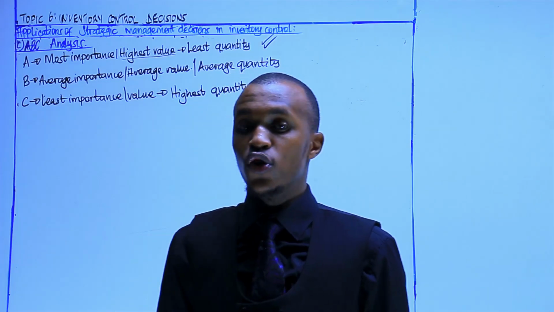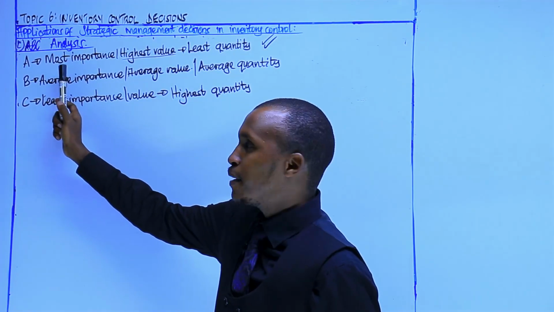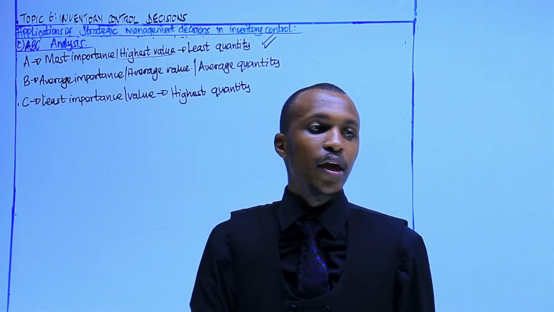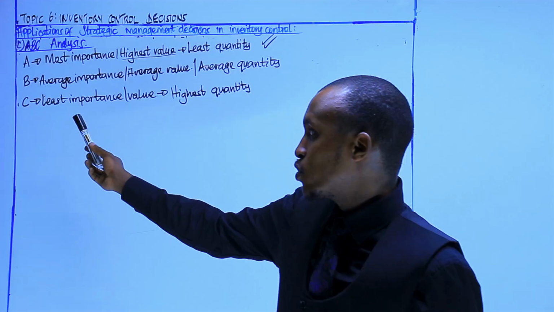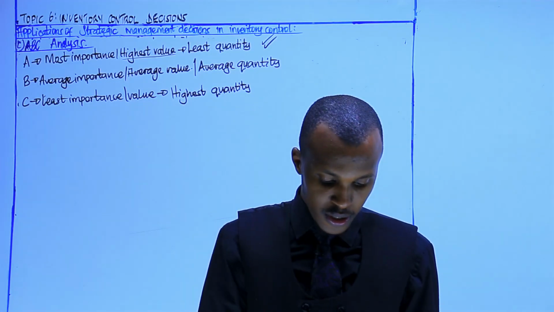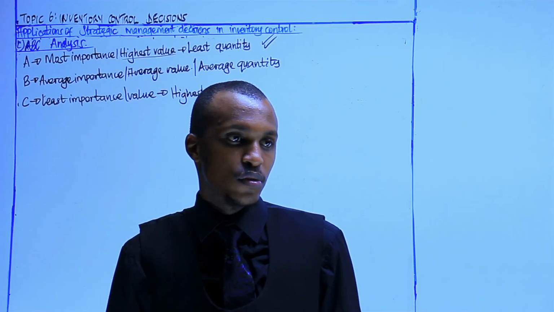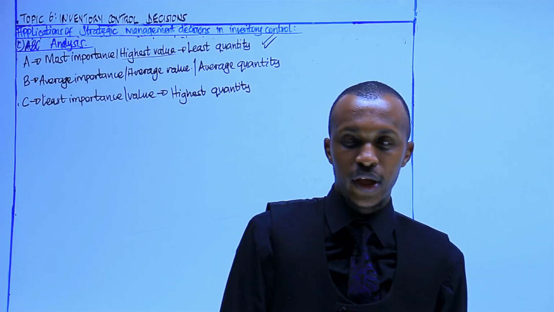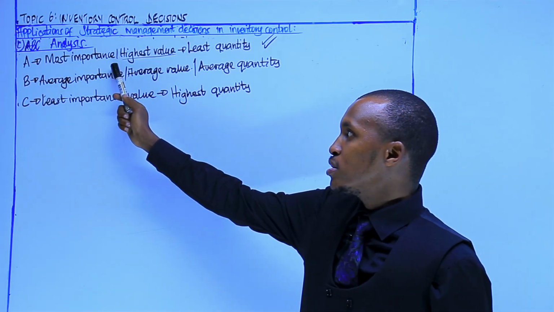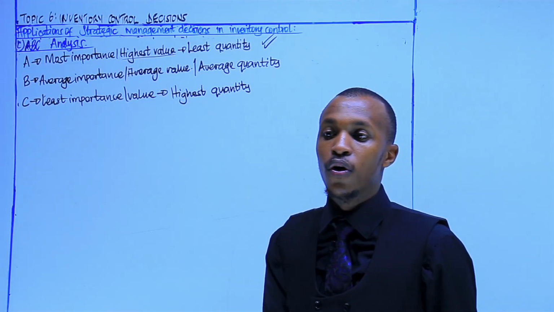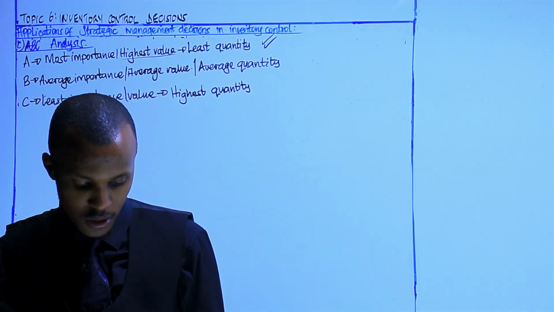Why? Because when you're negotiating for prices, you'll negotiate for better prices for inventory A with the highest value, compared to inventory C. Then there is also strategic resource allocation. Most of the resources you allocate will go to the inventory that has the highest value.